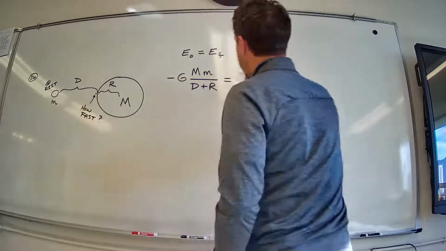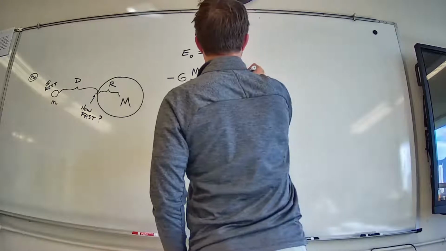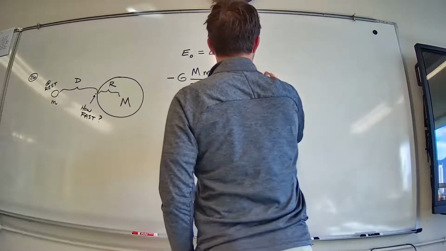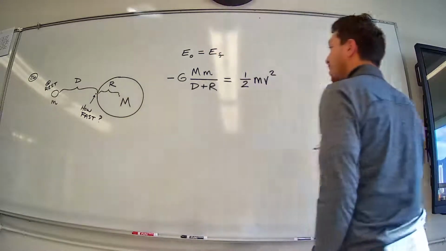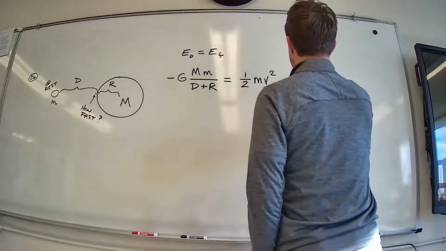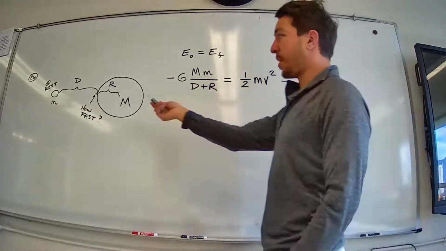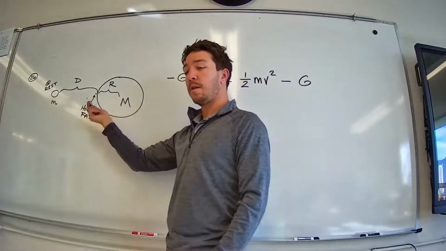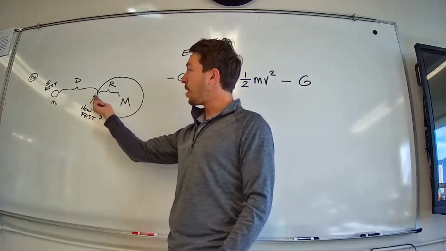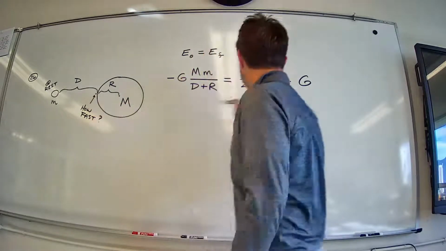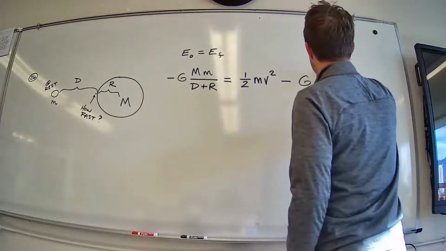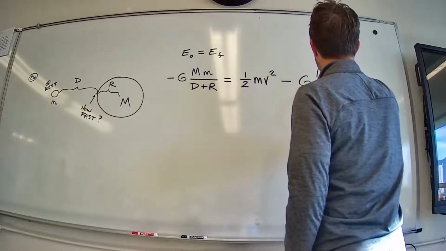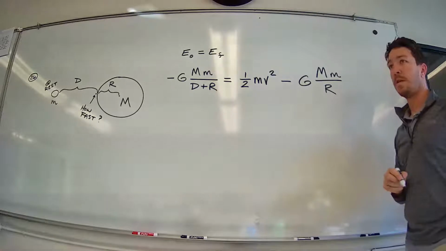When he gets here. First he's got the kinetic energy plus there's still potential energy in the system here, right? Just with R. Because when he gets here, the energy is going to be negative G M m over R.